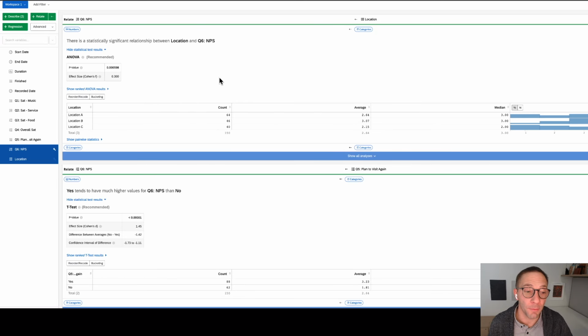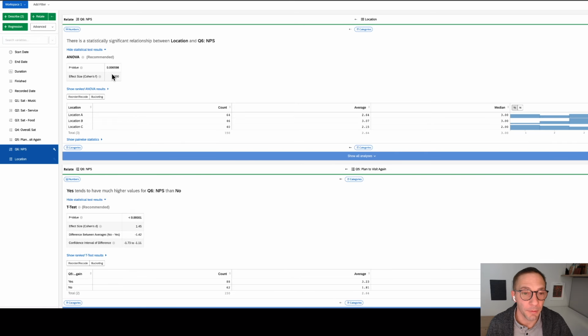But remember, with ANOVAs, this p-value doesn't necessarily tell me that all of these locations significantly differ from one another. For instance, if I'm looking here, I see, okay, location B has a 3.07. Does that significantly differ from second place? I don't know.